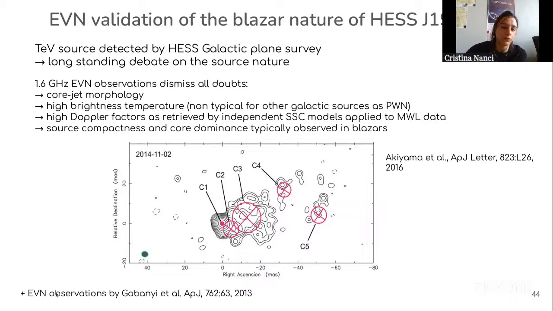The solution of the problem arrived with EVN observations by Gabányi first and Akiyama then. EVN observations found a core-jet morphology in this source, high brightness temperature and Doppler factors, and source compactness and core dominance that are all typical for blazars, while these values are not so typical for galactic sources such as pulsar wind nebulae.